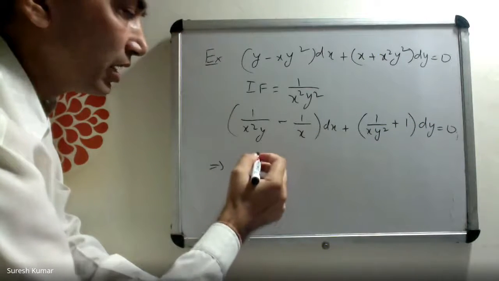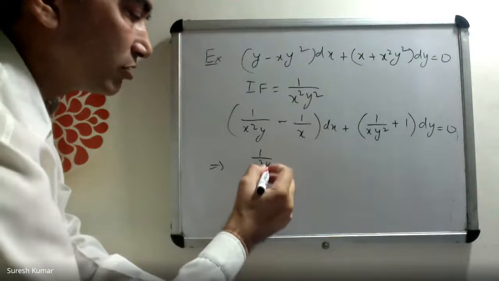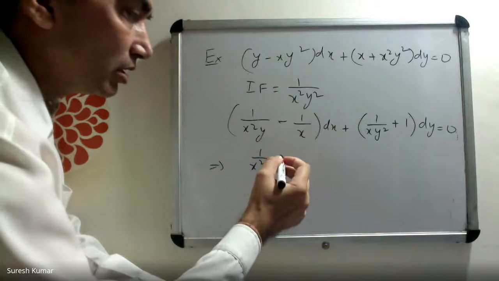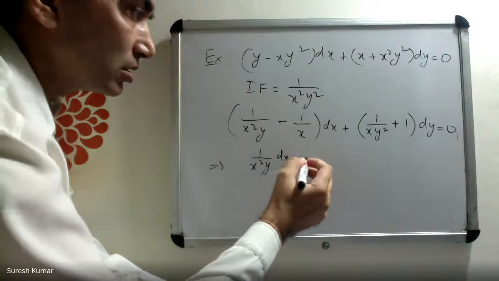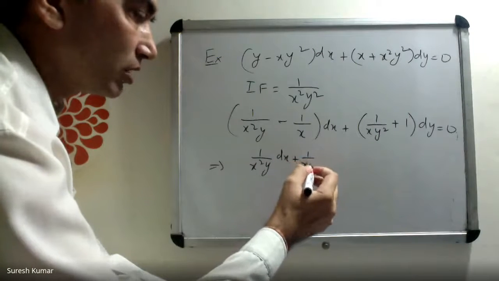You can rearrange the terms to make exact differentials. 1 over x square y dx plus 1 over xy square dy.